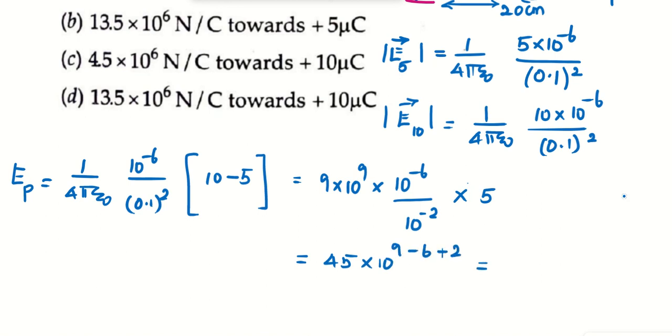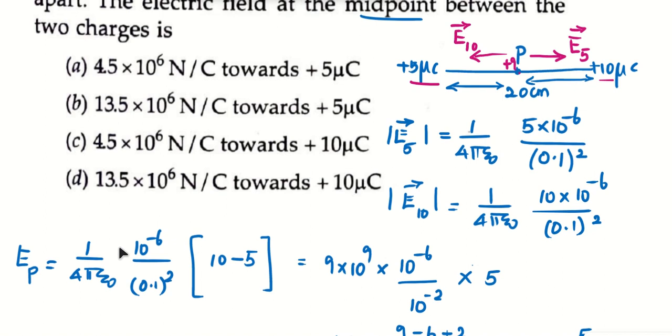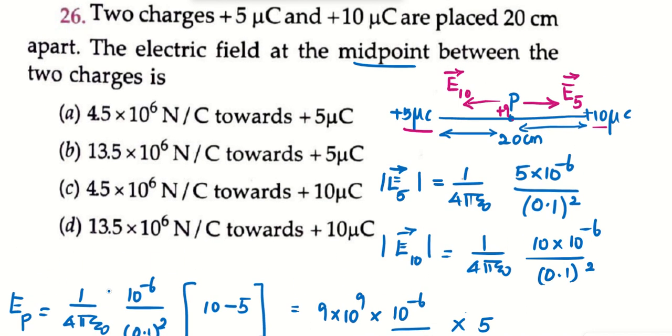This gives you 45 into 10 power 11 minus 6 is 5, and we can write this as 4.5 into 10 power 6 Newton per coulomb. This is the total electric field. So the right answer is option A, 4.5 into 10 power 6 Newton per Coulomb.